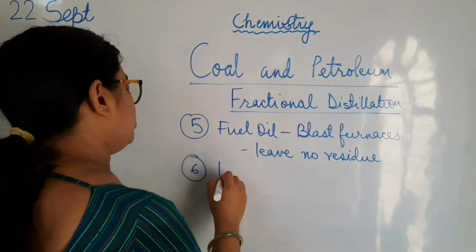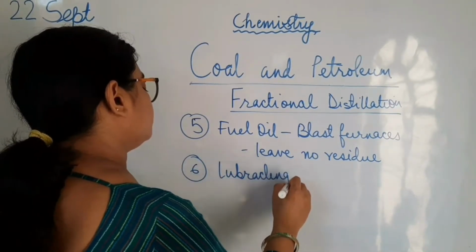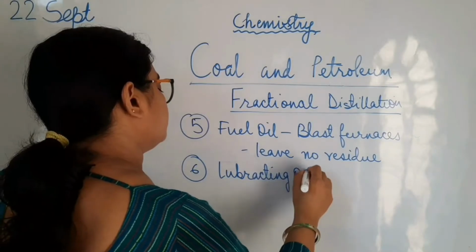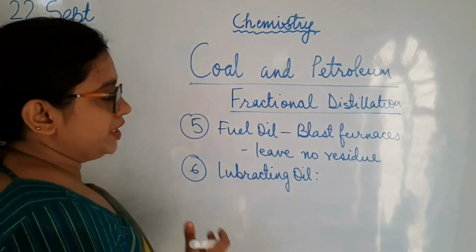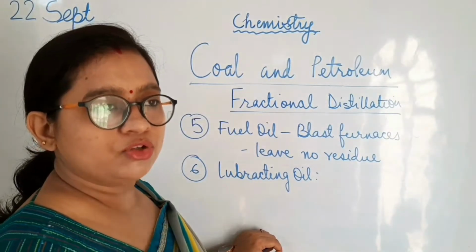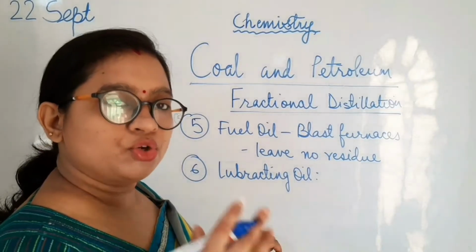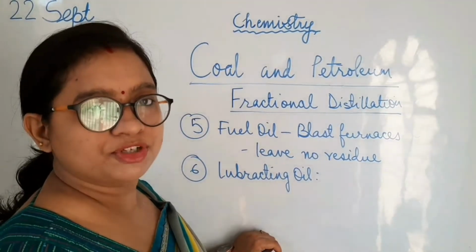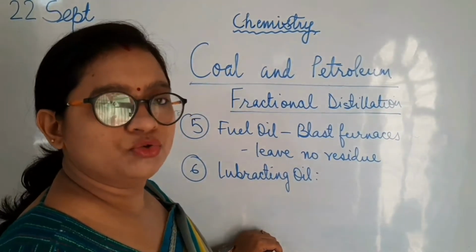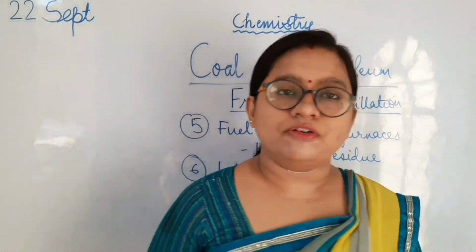The next product is lubricating oil. Now what is lubricating? Lubricating is used to reduce the friction. Whenever vehicles run, there is a kind of friction produced. So to reduce the friction of the machine, lubricating oil is used as a lubricant which reduces the friction in the vehicle.